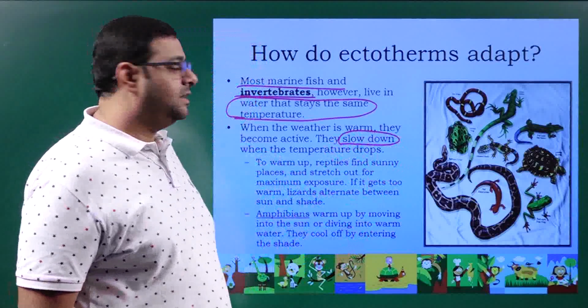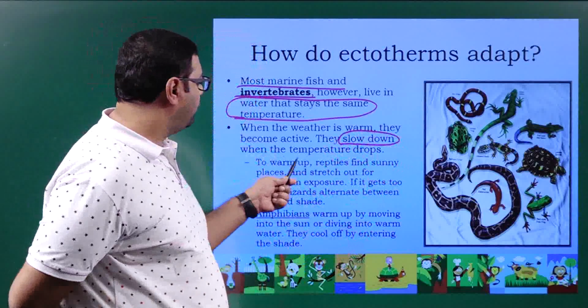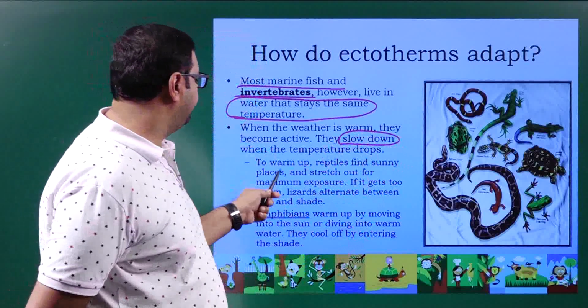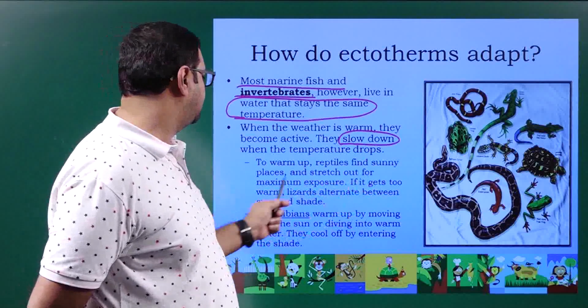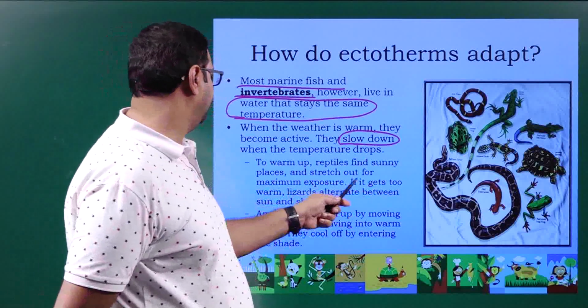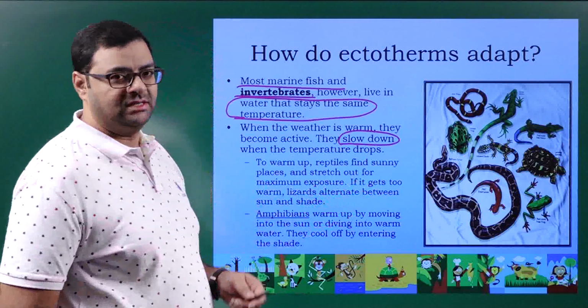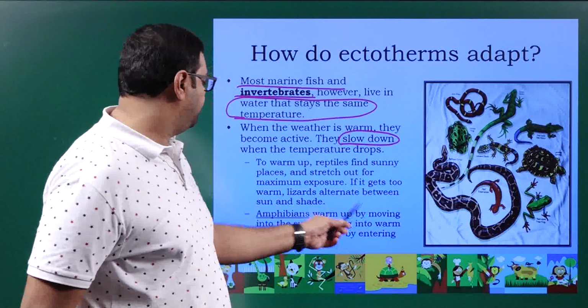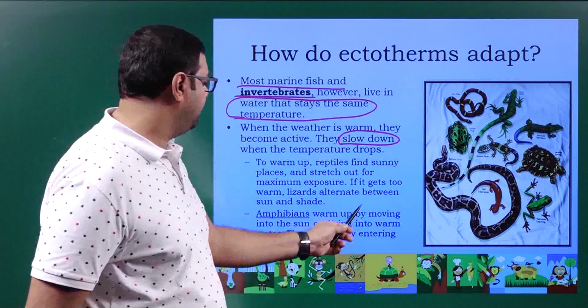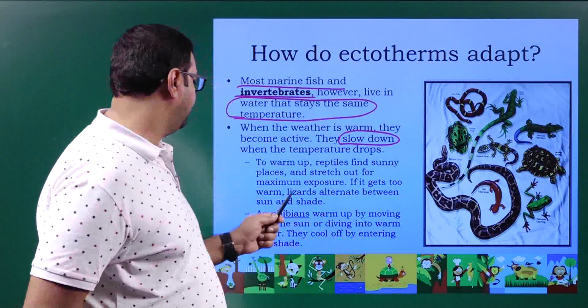Then, to warm up, reptiles find sunny places and stretch out for maximum exposure. If it gets too warm, lizards alternate between sun and shade. I'll explain this point. Then, amphibians warm up by moving into the sun or diving into warm water. They cool off by entering the shade.